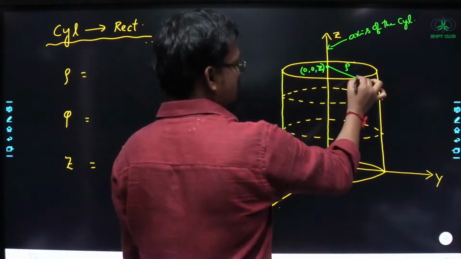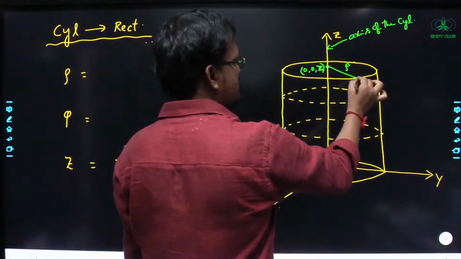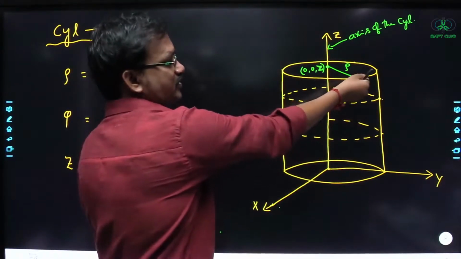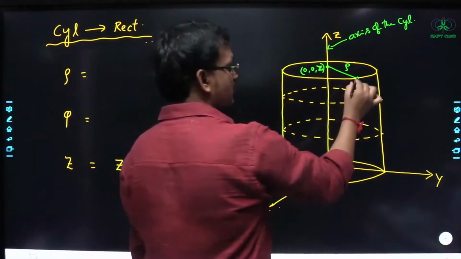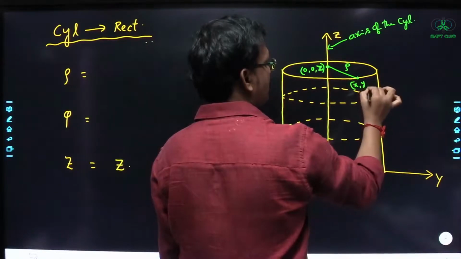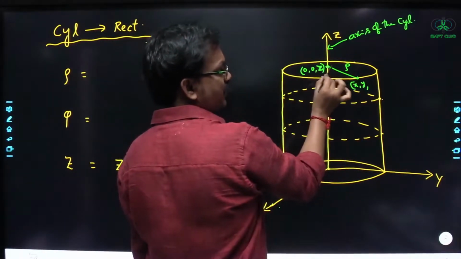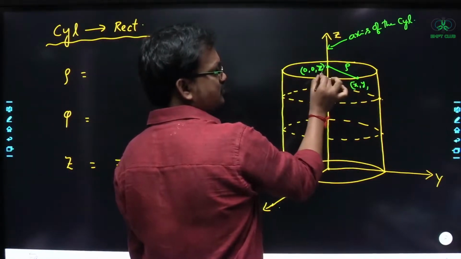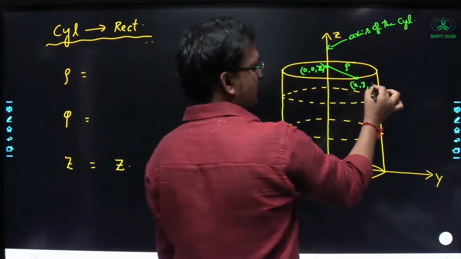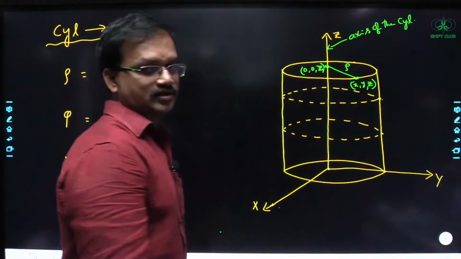Next, this other point is lying somewhere in 3-dimensional space, let us say x, y. As you move from one point to the other, the z value is not going to change. Z will remain the same, so this point is x, y, z.